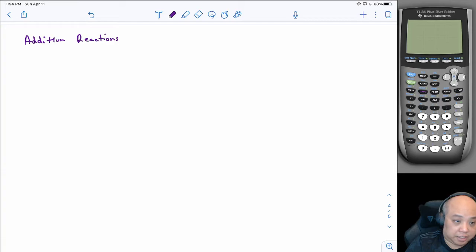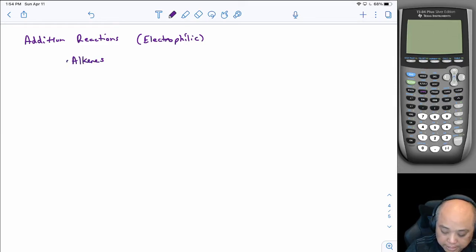are addition reactions, and namely what we call electrophilic addition reactions. Okay, and these involve alkenes, because electrophilic means that it is electron deficient.